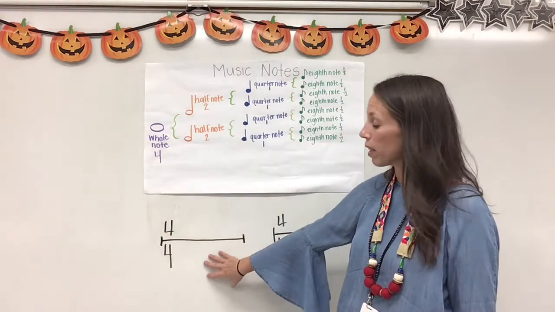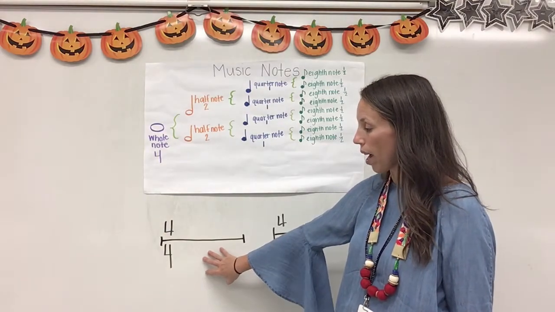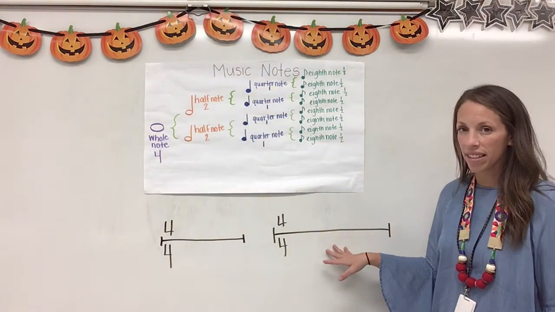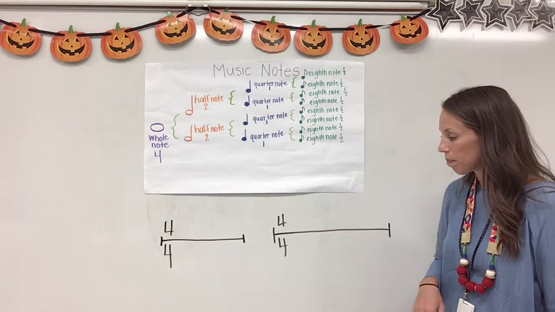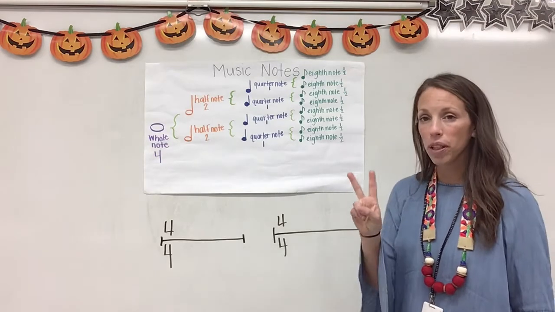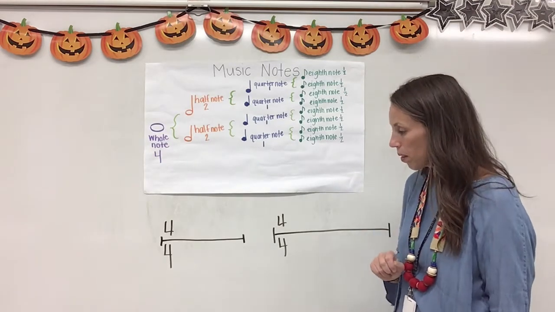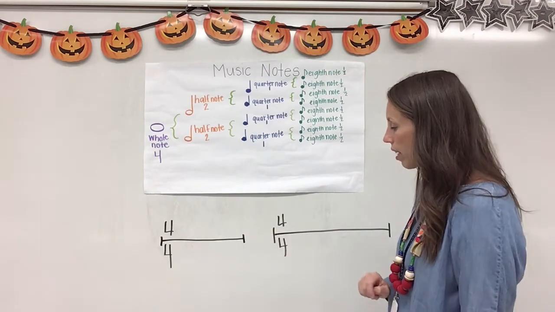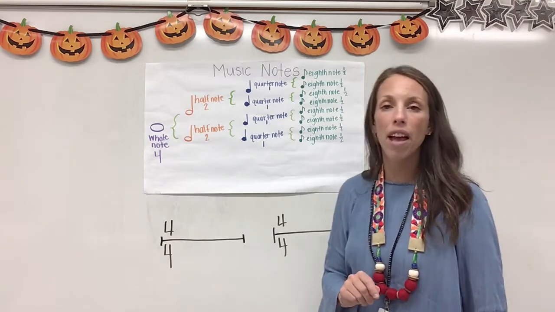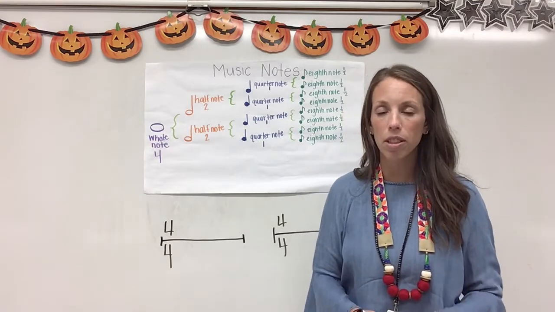Once you have completed your first rhythm line, go ahead and draw a second rhythm line. So your paper will have 2 rhythm lines, each with a bar line at each end, and both of your rhythm lines will have a 4/4 time signature.